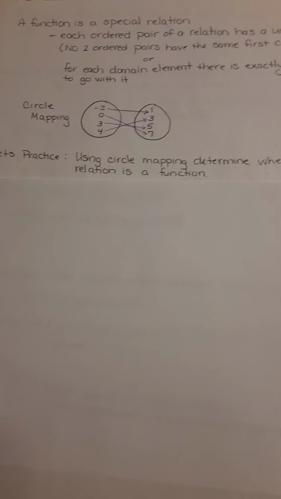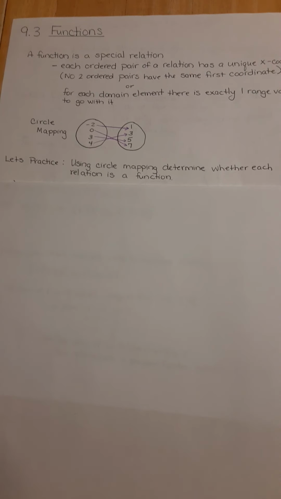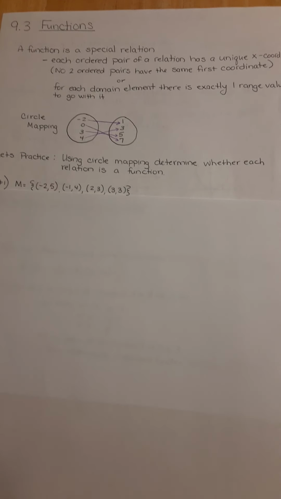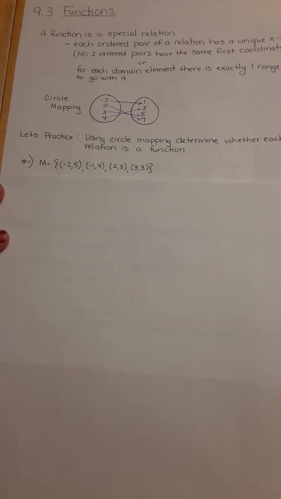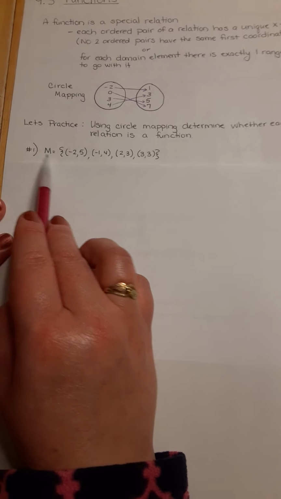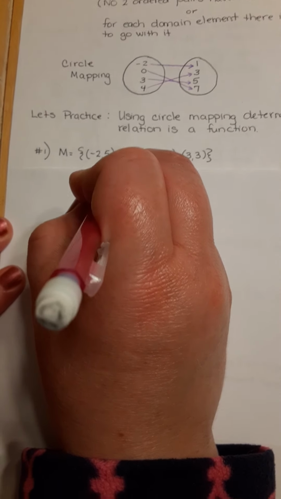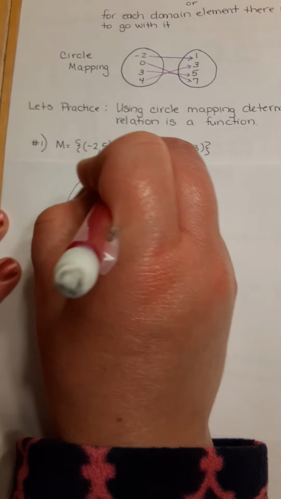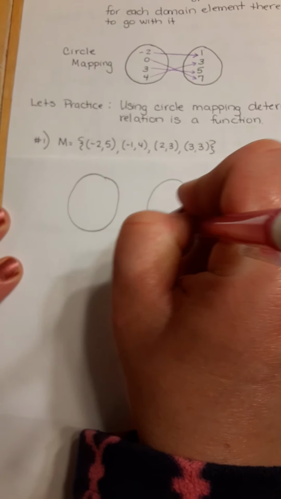Let's do some practice. My instructions say use circle mapping to determine whether each relation is a function. Here's my first function. Remember, every function is named with a capital letter. I'm going to draw two circles.